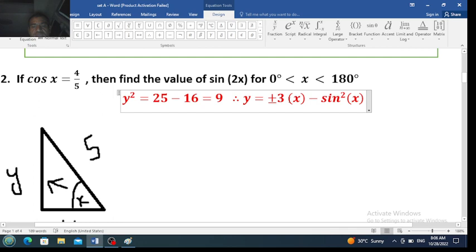Then 2 times 4 is 8, multiplied by 3 is 24, all divided by 25. Therefore, the correct answer is that. Okay, this is the correct answer.